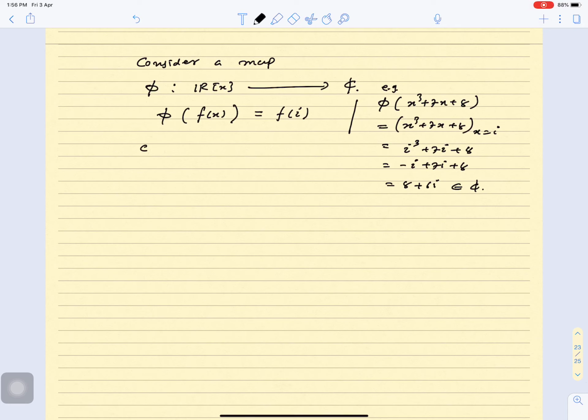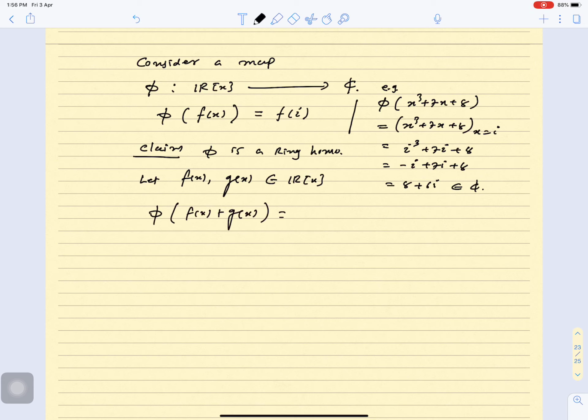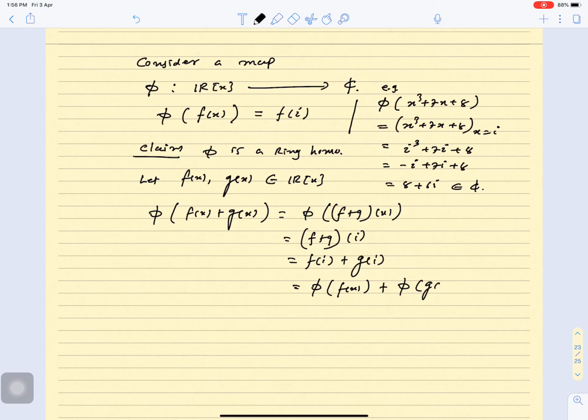Now my claim is this: phi is a ring homomorphism. For that, let f(x) and g(x) belong to R[x]. Then phi of f(x) plus g(x) is phi of (f plus g) at x, that is (f plus g) at i, which is f(i) plus g(i), and this is nothing but phi of f(x) plus phi of g(x).